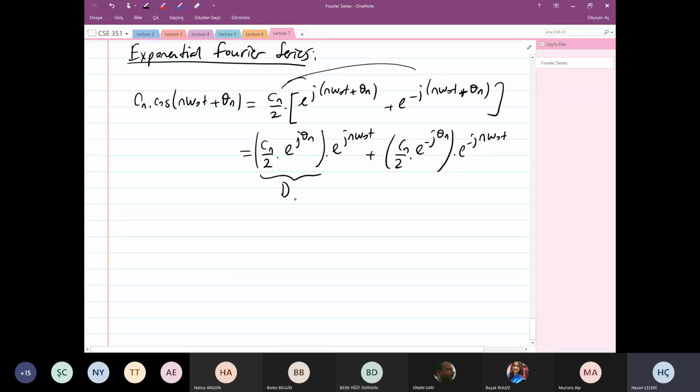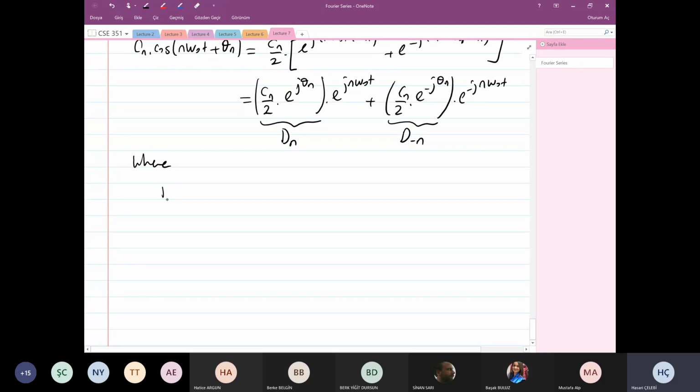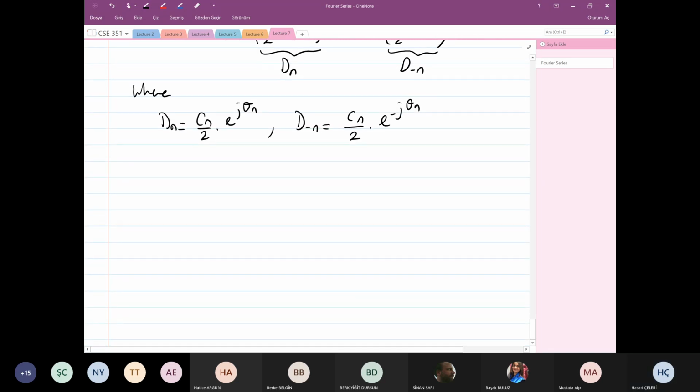I'm going to call this as a dn, this as a d minus n, where dn is defined to be Cn over 2 times exponential j theta n, and d minus n is defined to be Cn over 2 exponential minus j theta n.